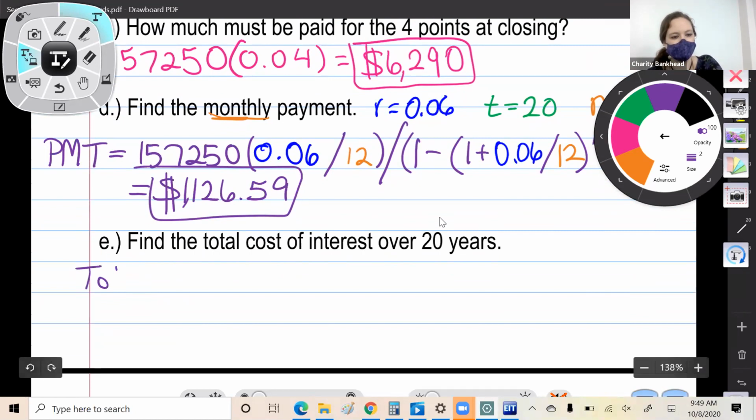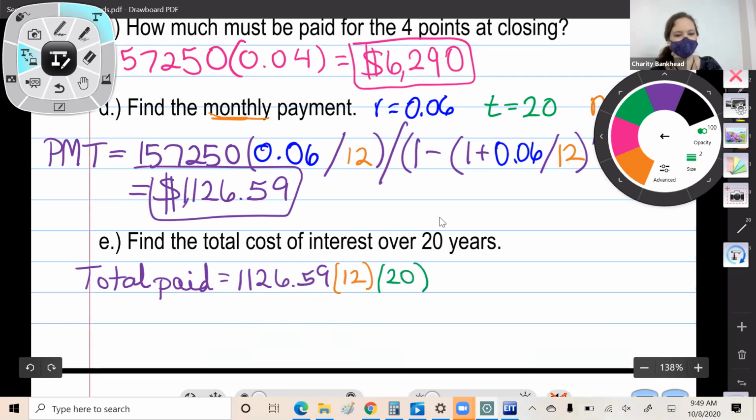Well, let's calculate the total amount that you're going to actually pay. So you're going to actually pay $1126.59 every month for 20 years. So times it by 12, times it by 20.